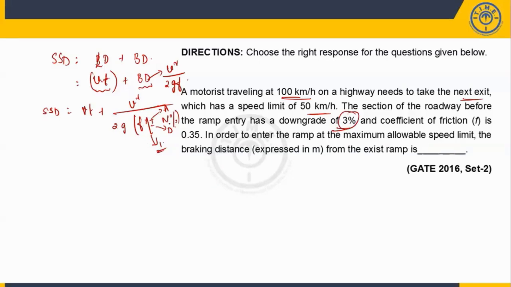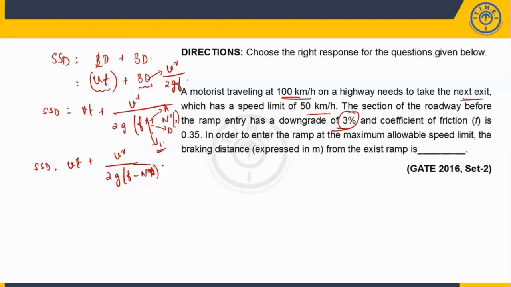So the formula for stopping sight distance becomes SSD equals Vt plus V square upon 2g into (F minus n). We need to convert this n from percentage to decimal.